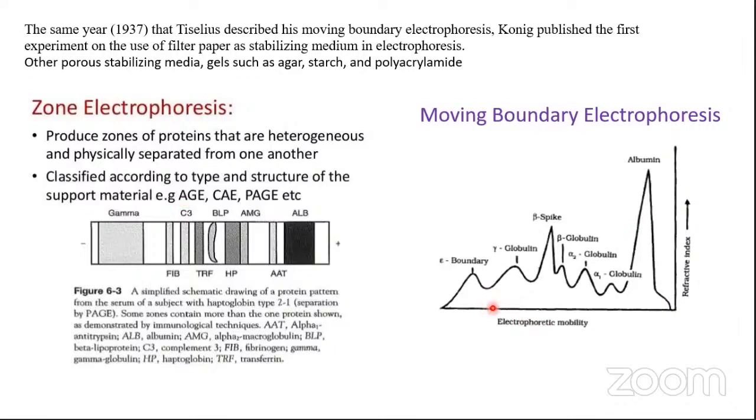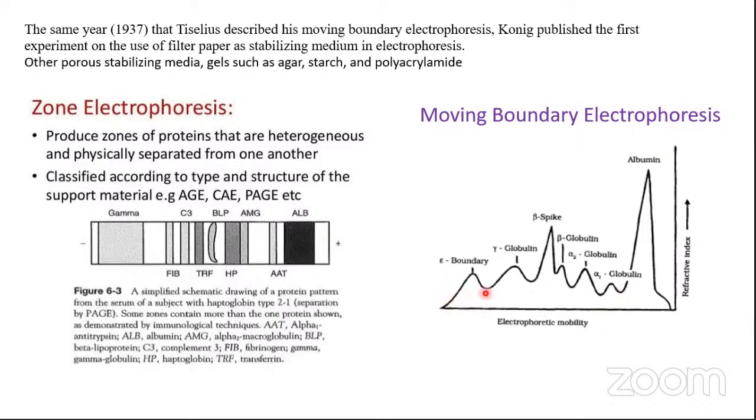Now, why this resolution is not good is because under every peak there is a mixture present. If you scan the entire tube, you might get certain molecules present at a higher concentration, but under every peak you can see this area.